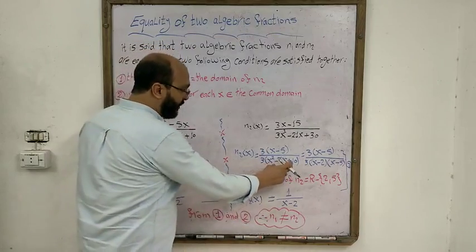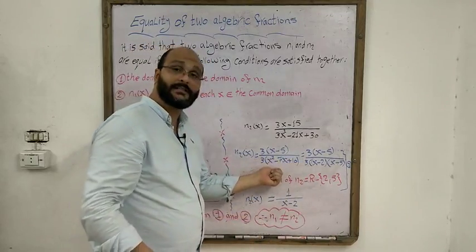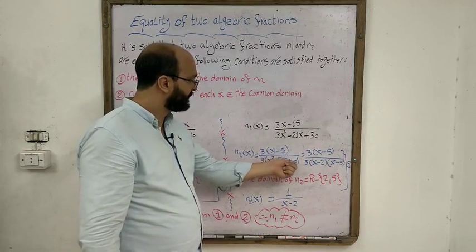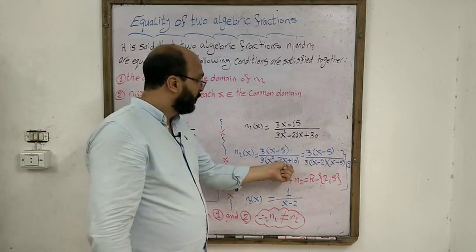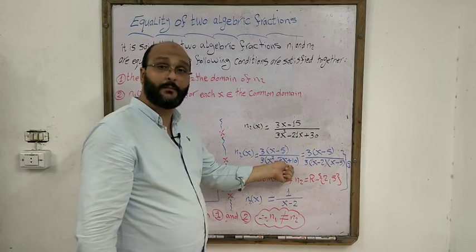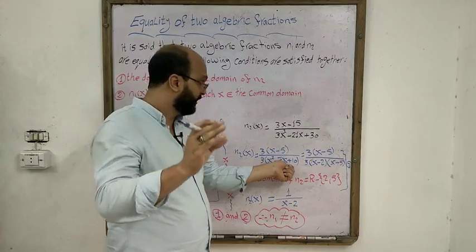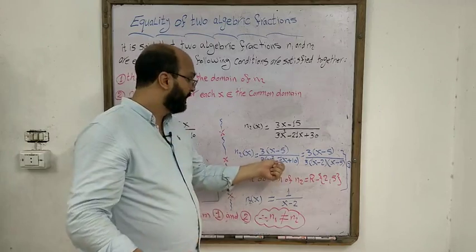Now we have a trinomial and we need to factorize it. Write 3 and factorize x to the power of 2 minus 7x plus 10. The last term is 10 and the sign is plus, so we need two numbers whose product equals 10 and whose sum equals 7.